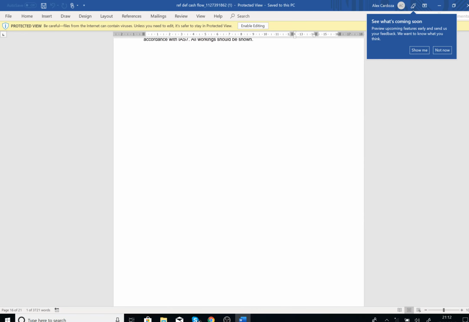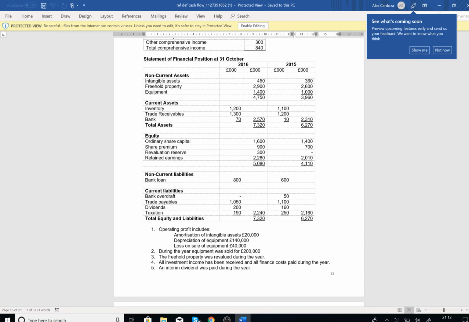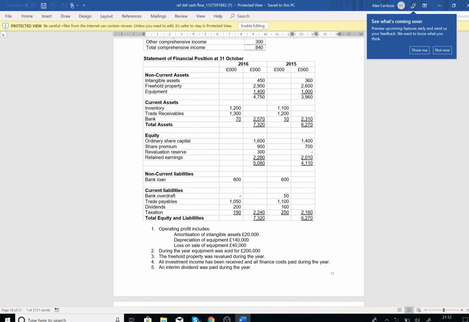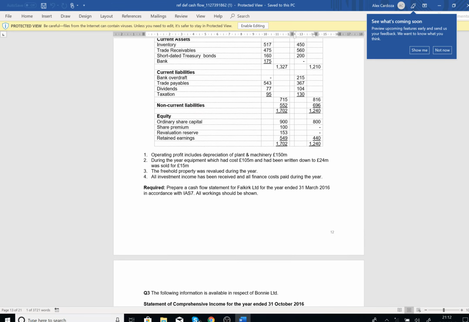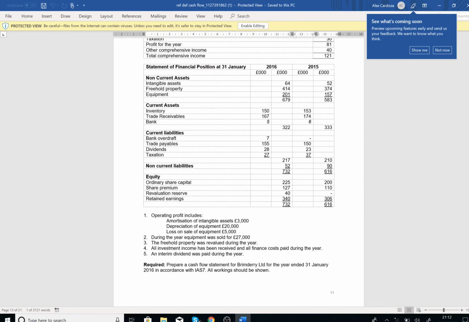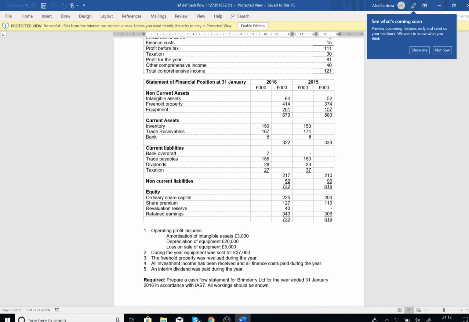Let's go to the way you would do it. You want to work out your addition. So amortization is like depreciation, so it's a reduction. And the way you do this, you have to add the amortization back. You add in 3,000 to your intangible assets here.